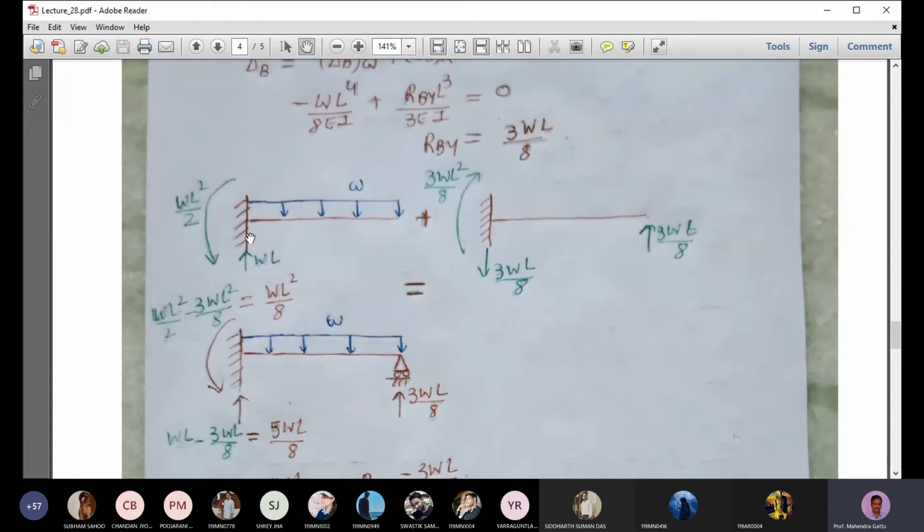But here you are preventing the rotation, so there is a moment reaction coming there. The beam is embedded inside a wall, and the wall is preventing the beam from rotating at junction A. If it's a pin support, it will rotate, so there will be no moment reaction.